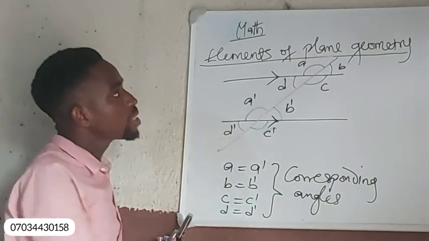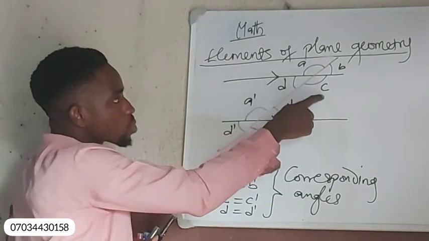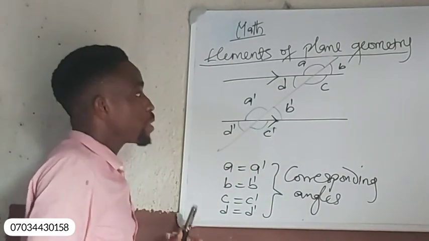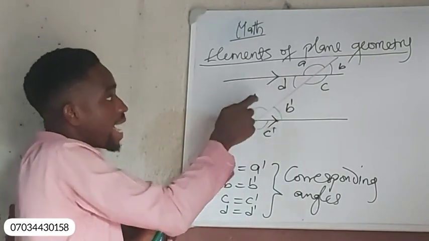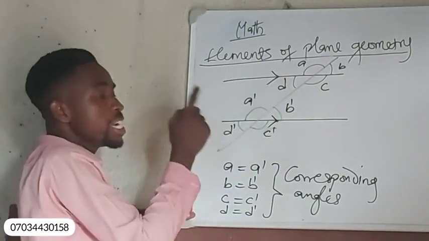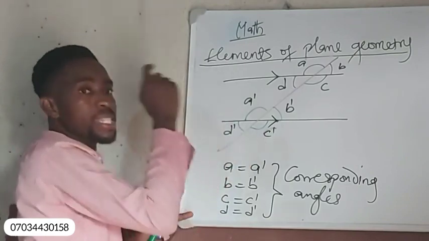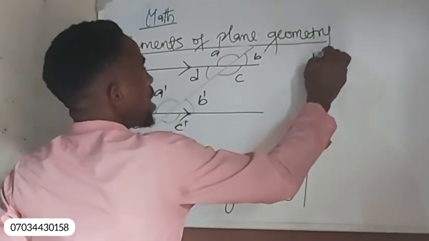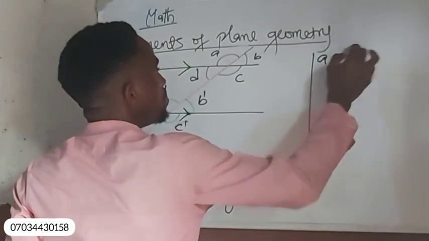Right? So A is equal to C and this A prime is equal to C prime. Because this A is equal to this guy and this guy is equal to this guy, it means that this A is equal to this C prime. So I can say that A is equal to C prime.